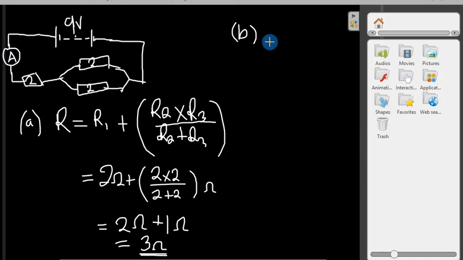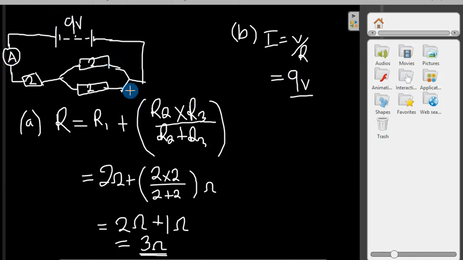So we are going to say I is equal to V over R. So this is going to be V, the voltage of the battery, since we are finding total current, so we should use total voltage, which is provided by the battery, or simply the EMF. So the EMF is 9 volts.